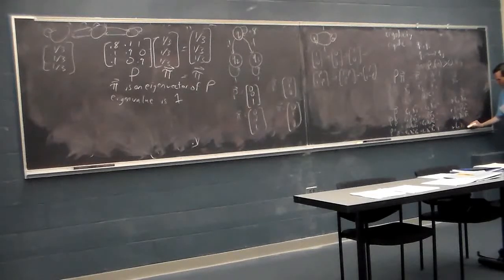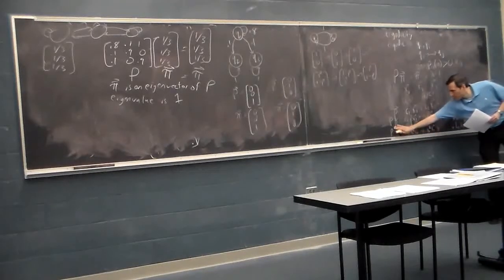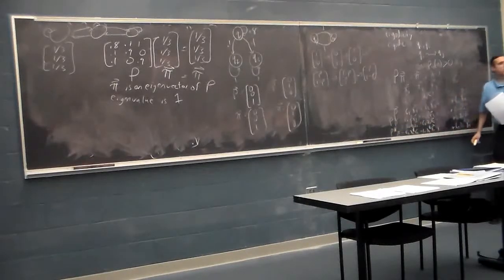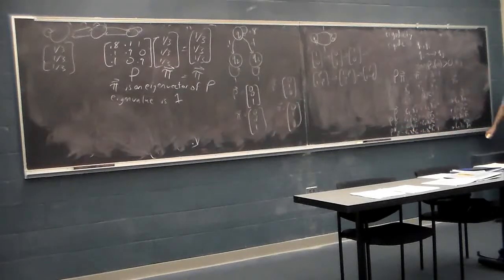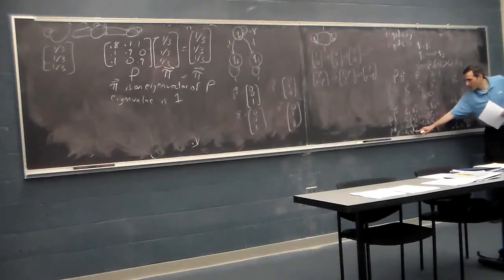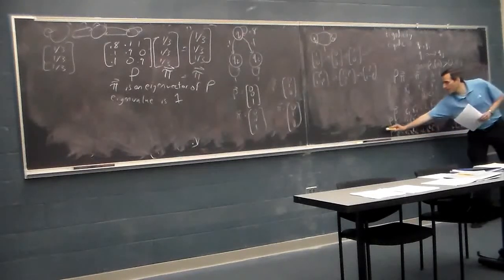And I guess I probably shouldn't have called this n, let's call it k, lambda n to the k xn. So for any arbitrary integer k, P to the k times little p is c1 times the first eigenvalue to the k, x1 plus c2, second eigenvalue to the k, x2, and so forth. So let's think about what happens to that in the limit as k goes to infinity.